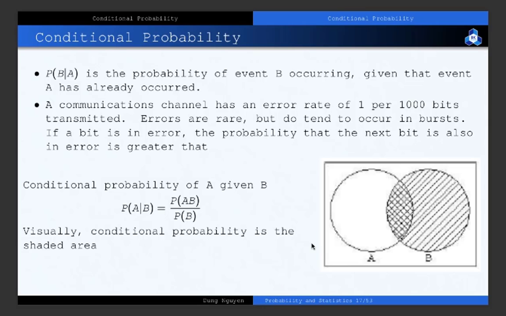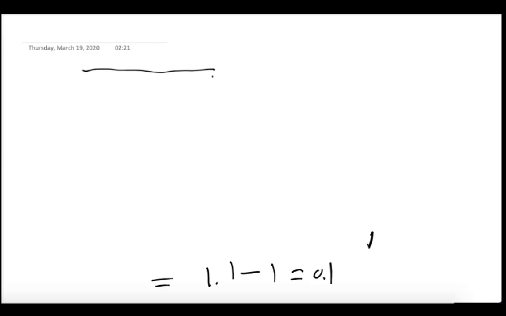So we will come up with the following definition. The probability of A given B is the probability of AB divided by the probability of B. Why is that? Let's consider the following thing. This is the whole sample space. This is omega.